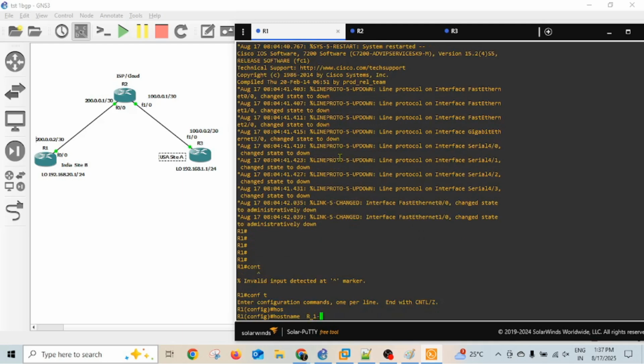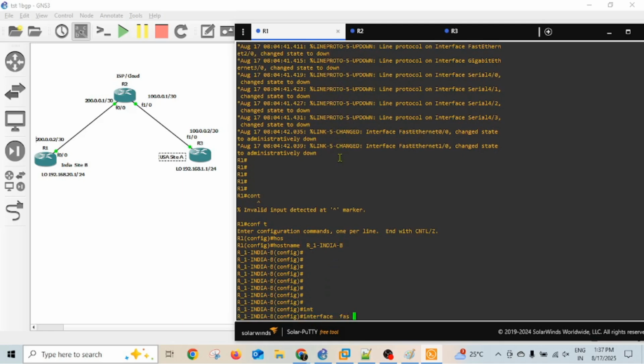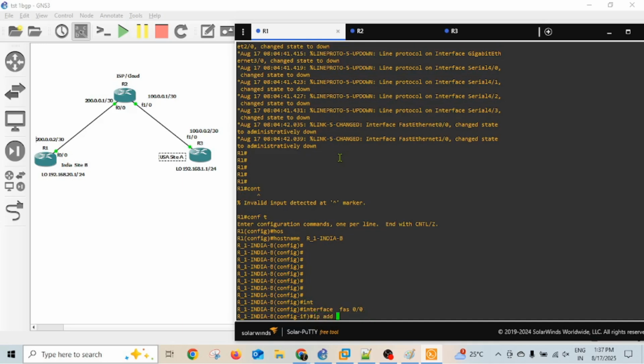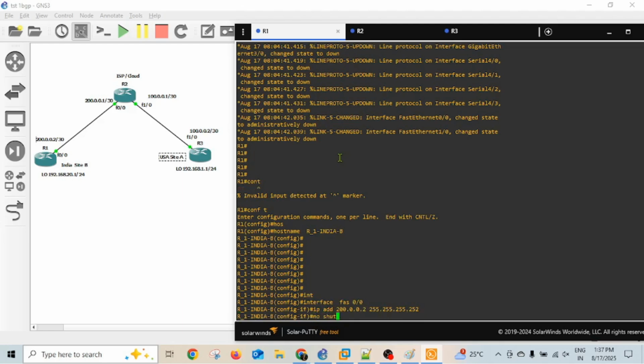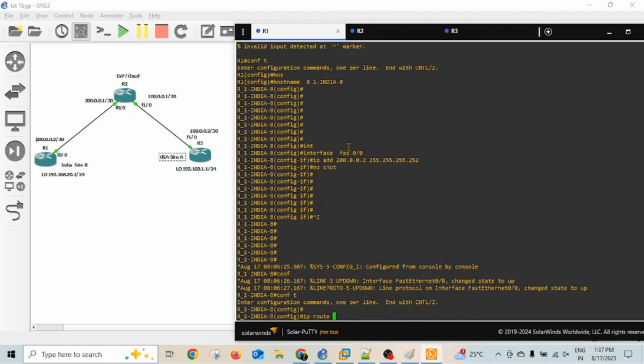This is R1, which belongs to India, side B. I configure interface FastEthernet 0/0, IP address 200.0.0.1, mask 255.255.255.252, no shutdown.